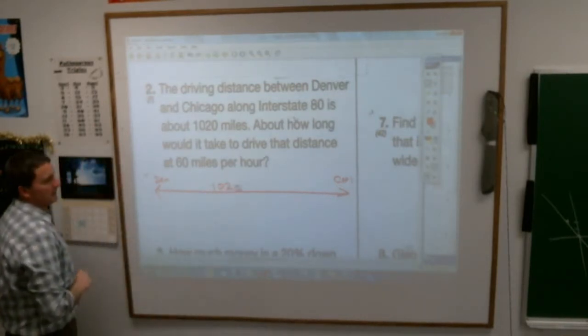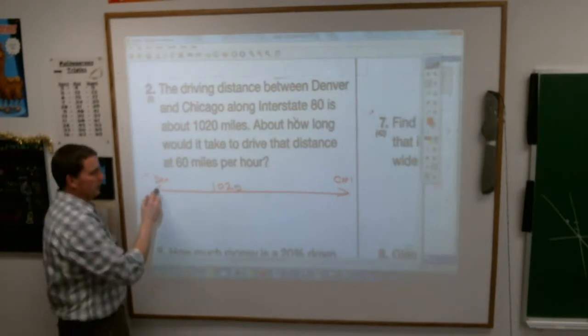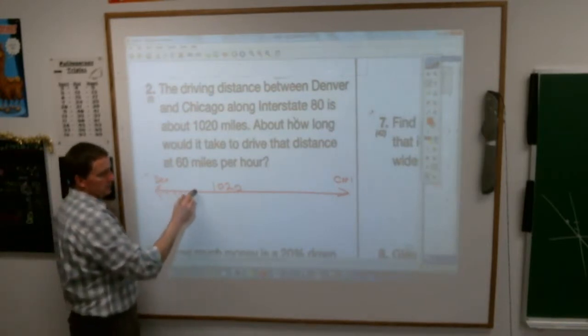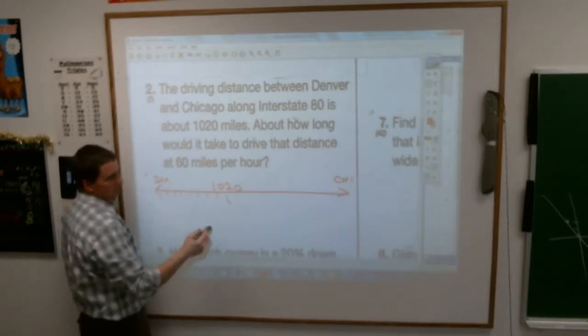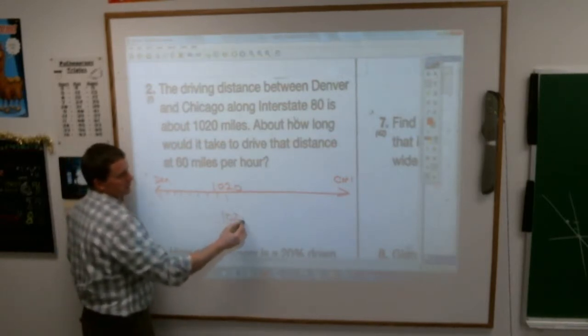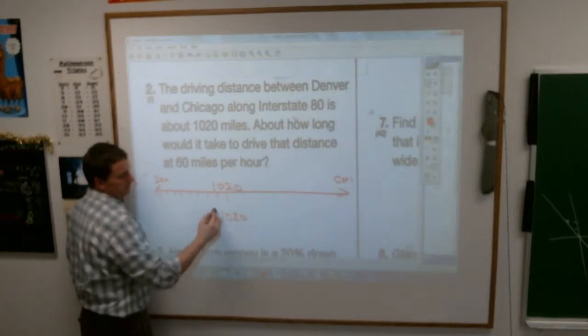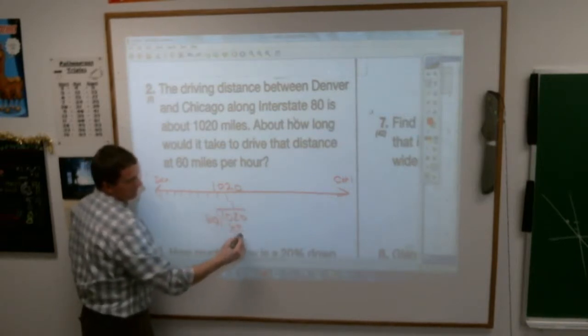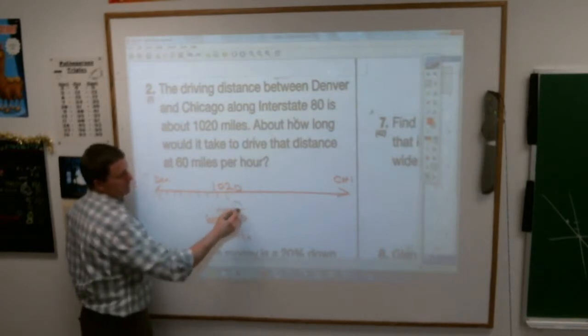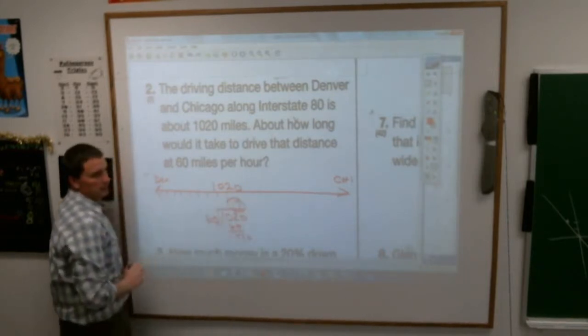How long going 60 miles an hour? So every hour you go 60 miles. How do you figure that out? It's just a division problem. 1,020 divided by 60. 60 goes into 102 once. 60 goes into 420 seven times, so 17.